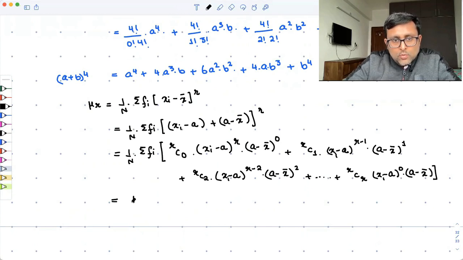So it is 1 upon n summation of fi into xi minus a to the power r into a minus x bar to the power 0. This is what your first term is.